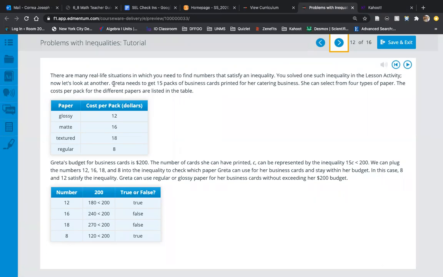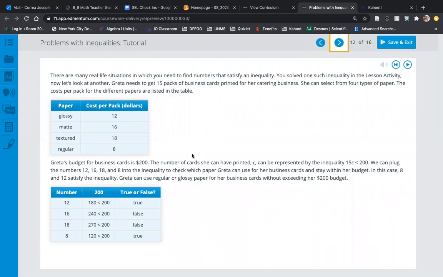It says here, Greta needs to get 15 packs of business cards. If anybody doesn't know what a business card is, when you have your own business, you'll have a small little index card that you give to people that has your name and your phone number on it. If you have a large business, this is something people would actually buy. So she's going to get 15 packs of business cards.